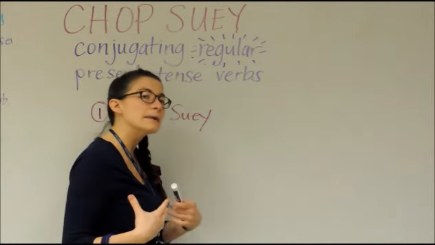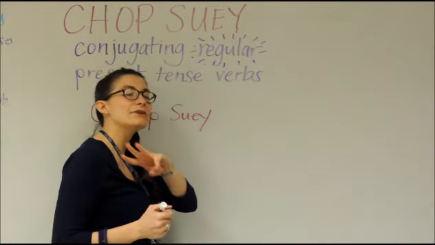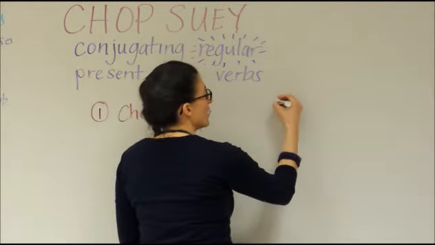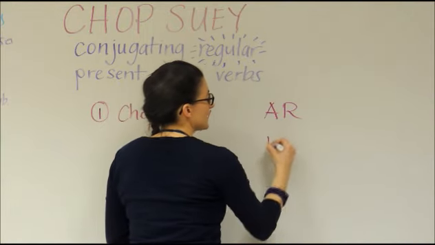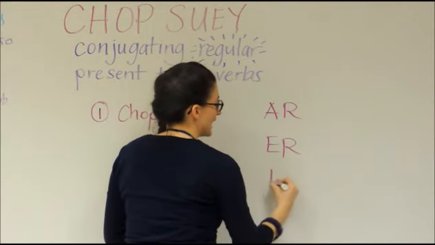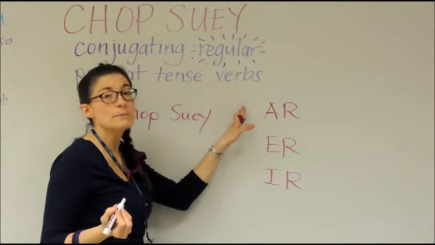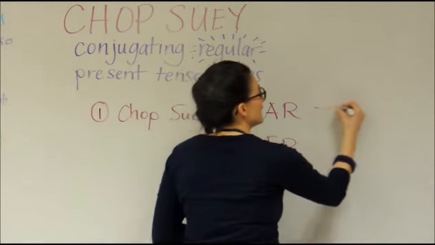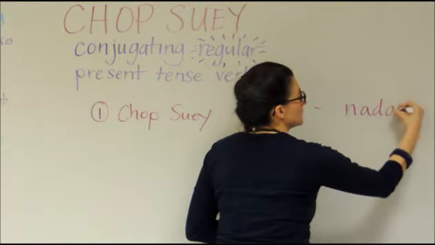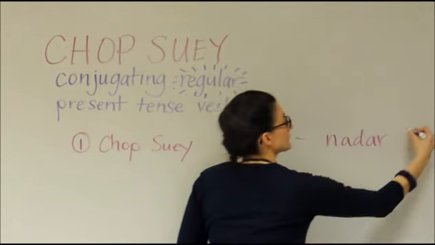Verbs come in three different infinitive forms: AR, ER, and IR. A basic example of an AR verb would be nadar, to swim.